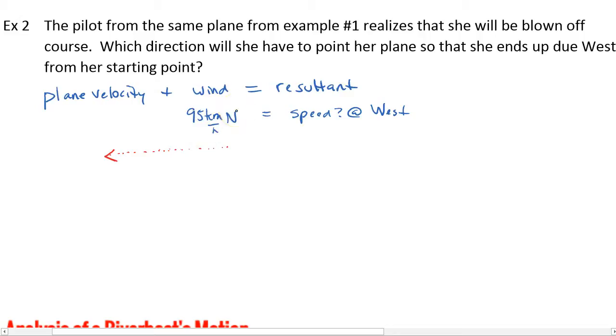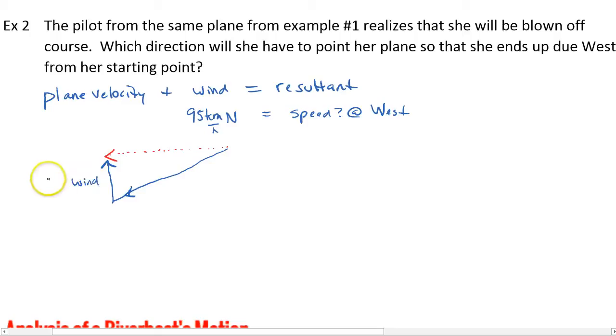I don't know exactly which way I'm going to be heading yet, but I know the wind is going to be pushing me north. So if the wind is going to be pushing me north, I'm going to add this vector like this. Here is the way that I'm going to have to point the airplane. This one will be the heading, so that when the wind pushes me north, my resultant is actually straight west, right? So here is my wind.